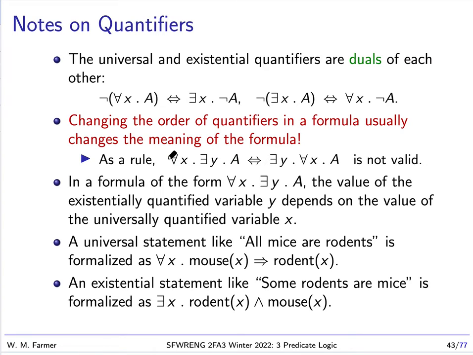Okay, so let's talk a little bit about quantifiers. Remember, in FOL we have basically one binder, which is the universal quantifier, but we have introduced another one, existential quantification, by a notational definition.